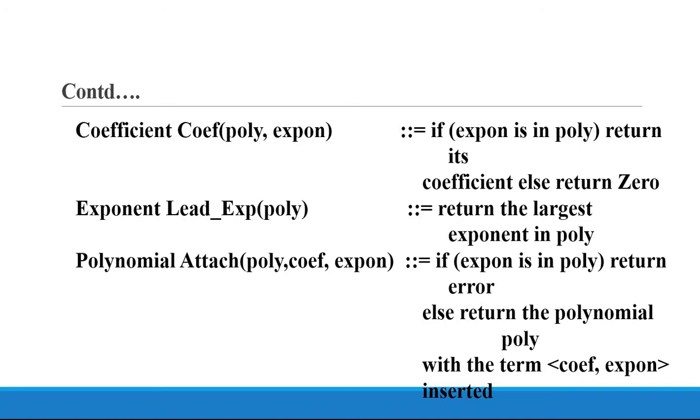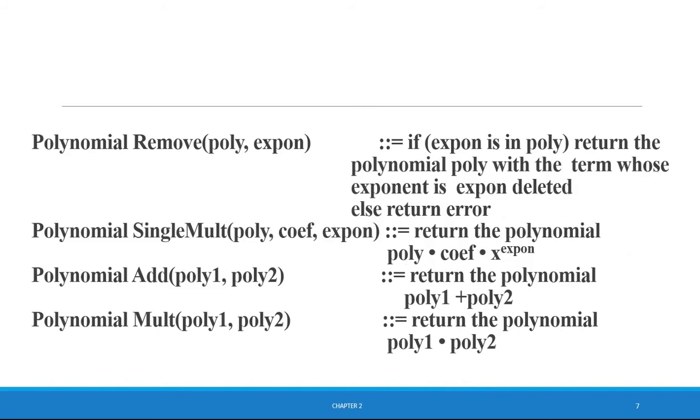If the exponent is already in the polynomial, then we'll return error. Otherwise, we will add that term to the polynomial with the particular coefficient and exponent you have passed.